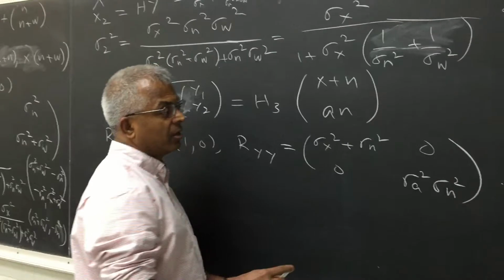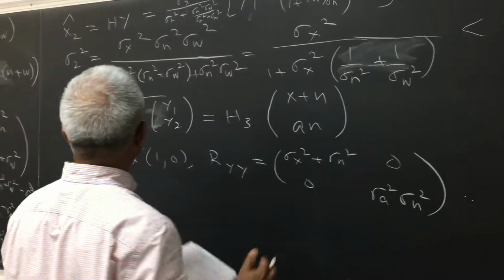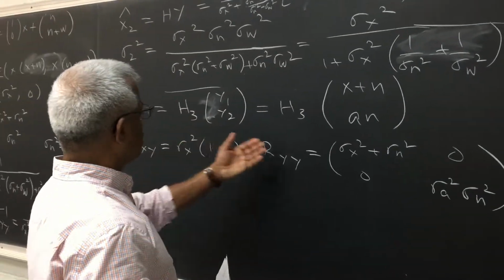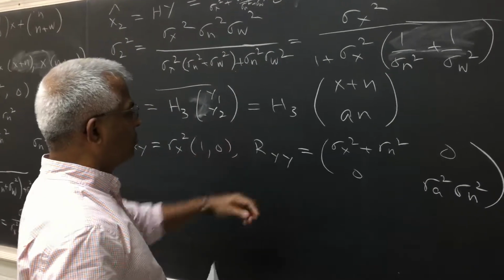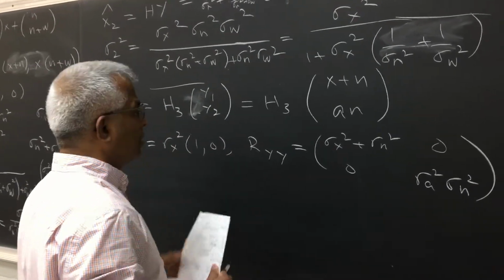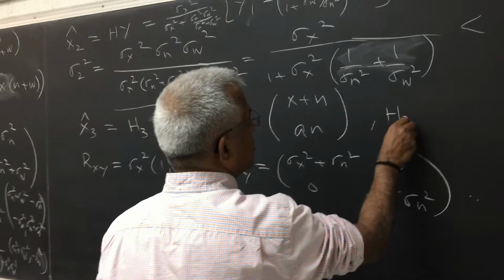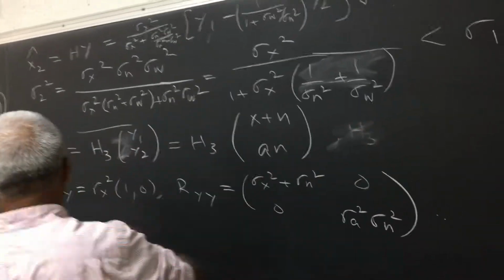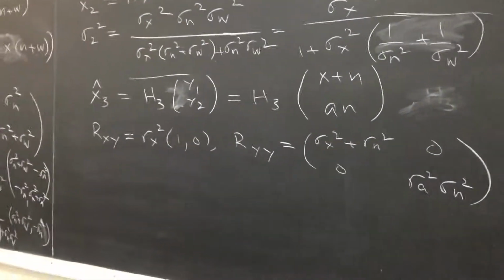So h is, of course, from here you can see that when you multiply this with this, you are only picking up the first entry. So the h3 will turn out to be, I'll just write down the h3 result there.